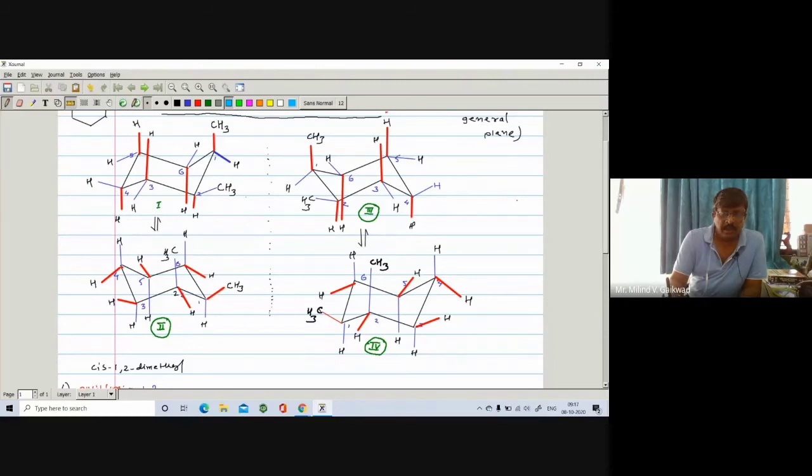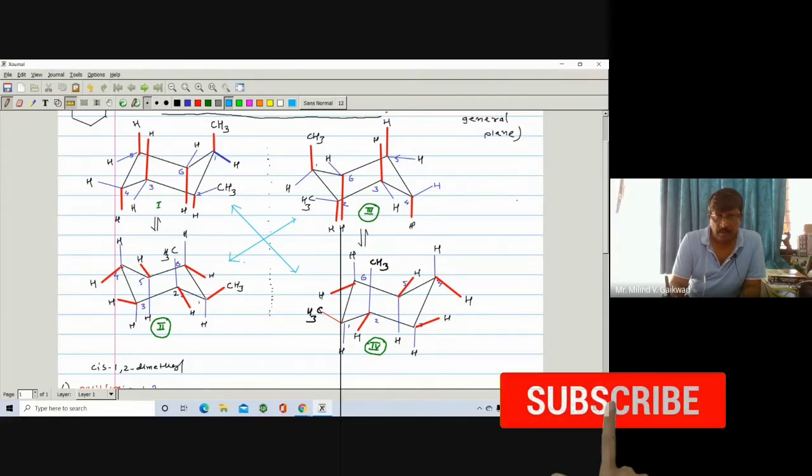Similarly, you have seen that structure number 2nd and structure number 3rd are also the same. If you prepare a model, we'll see later on the model also.